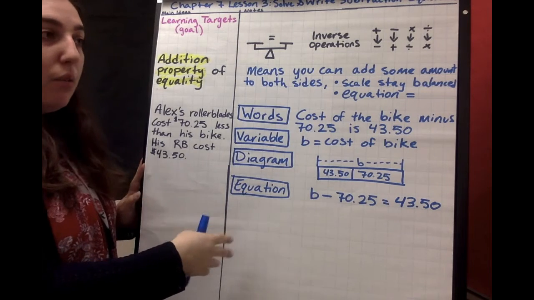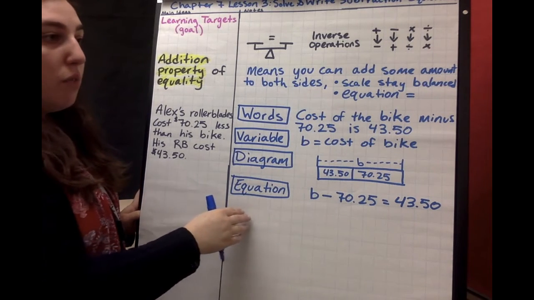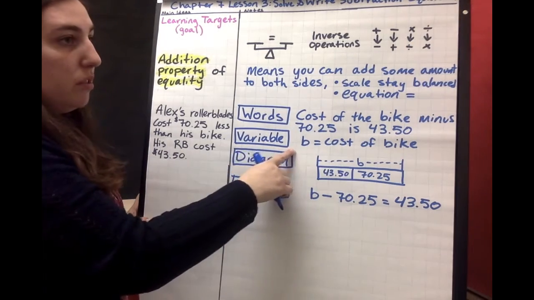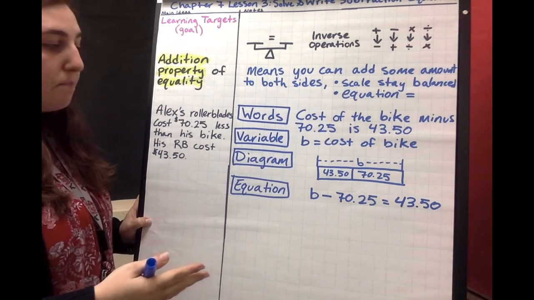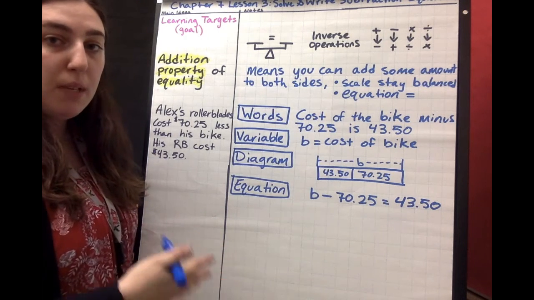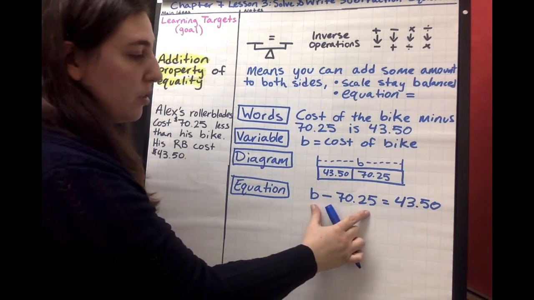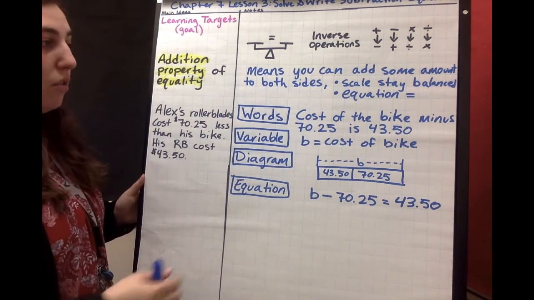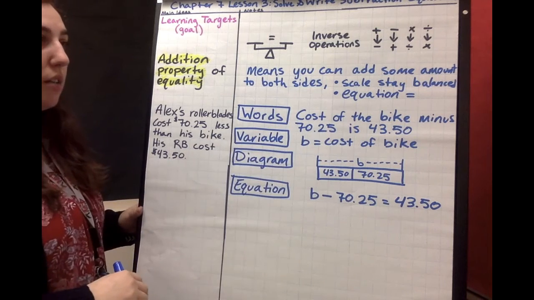I can write an equation when solving real-world problems by using variables and expressions. An equation is two expressions being equal to each other. Well, we have an expression here equal to this expression here. So that's one of our learning targets.